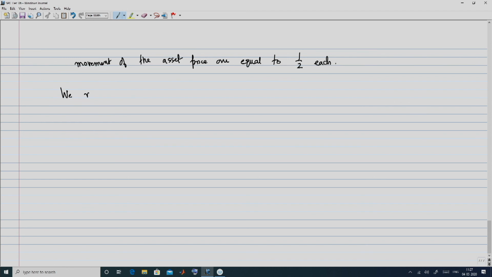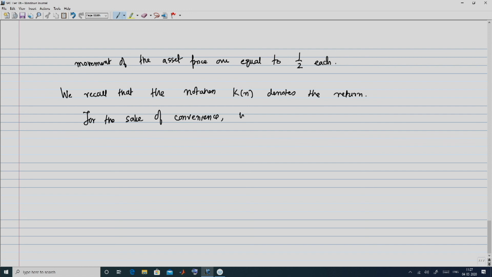Okay, so, now we recall the notation Kn, which denoted the return at the nth time step. Now, for the sake of convenience, and we will later on see why this needs to be done, we introduce what is known as the logarithmic return.